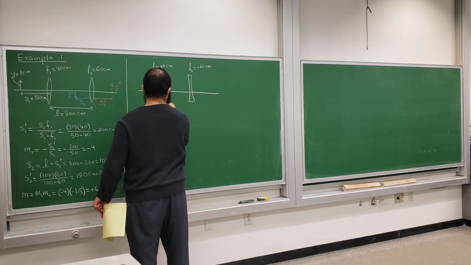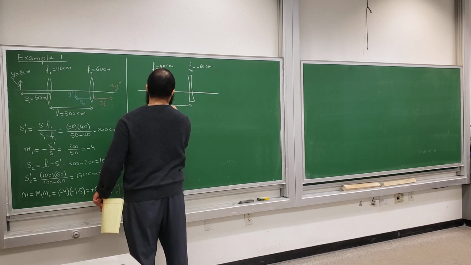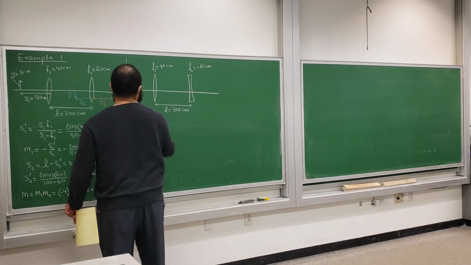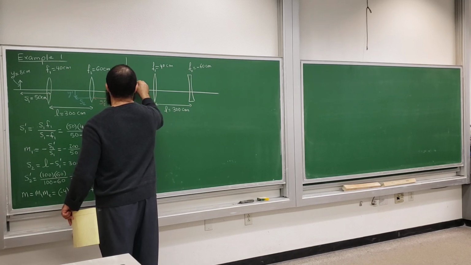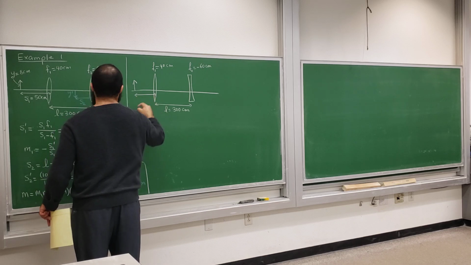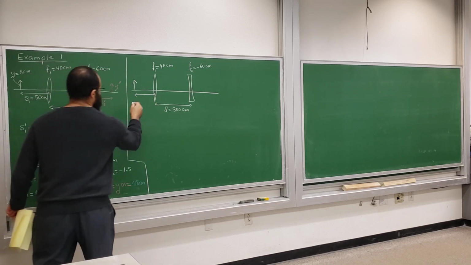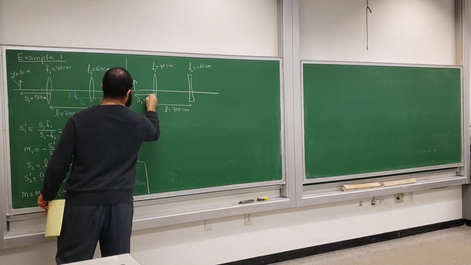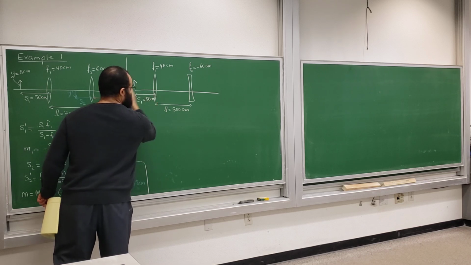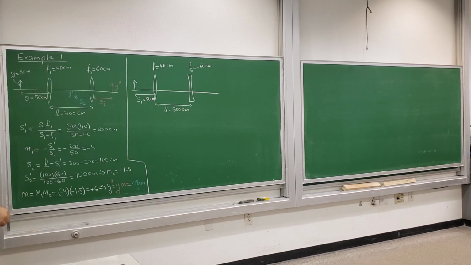And then the distance between them, L, is going to remain 300 centimeters. Our object is still going to be here, and it will be this far. How far is that far? 50 centimeters? 50 centimeters. Exactly the same thing as before. The only thing that changed is that length.